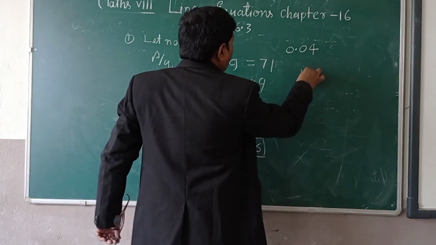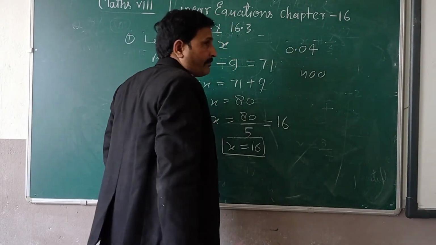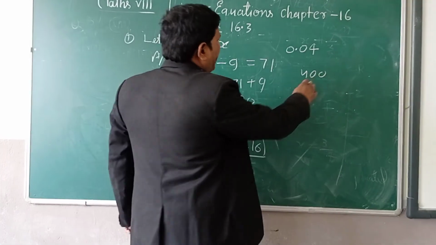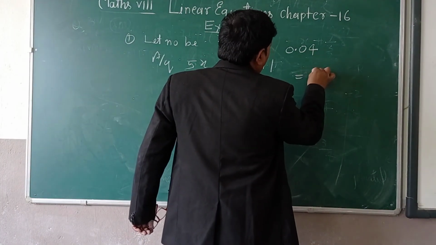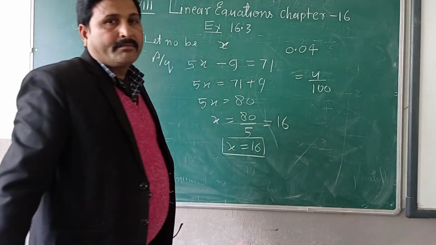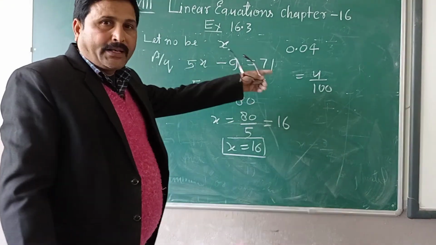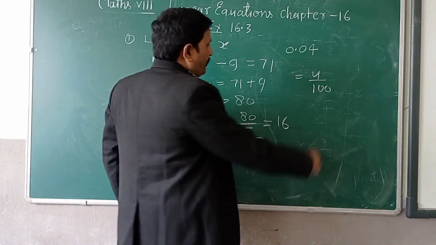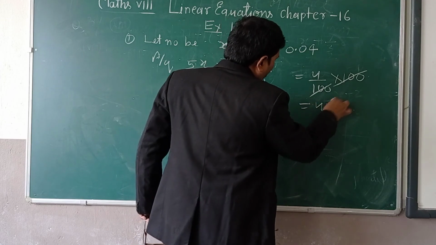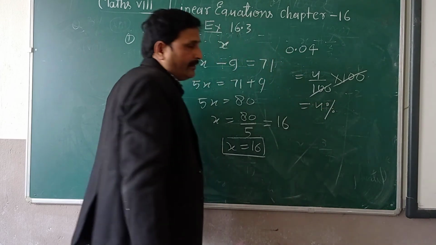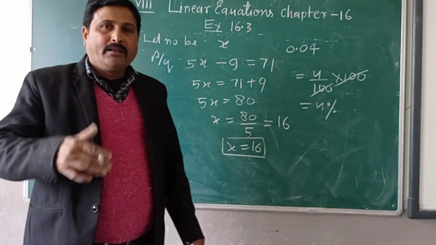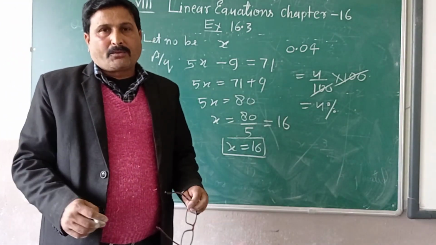Few students have written 400. What are you doing? Some students give an answer like 4/100. This is the fraction form, not the percentage form. If you multiply by 100, then the answer is 4%. I will not explain the question paper, but be careful when you are solving the questions.